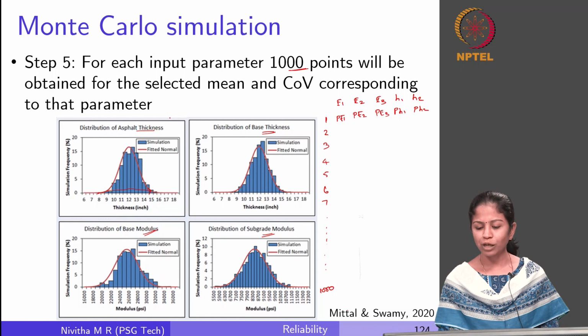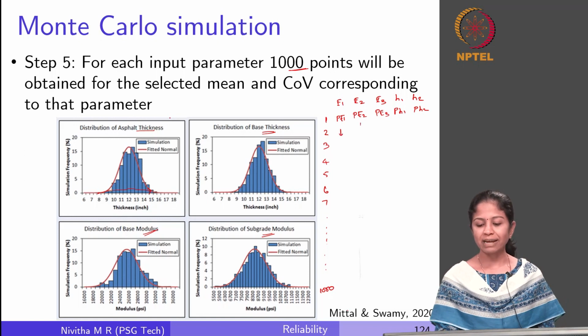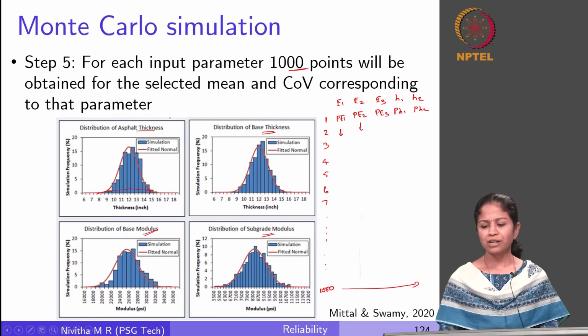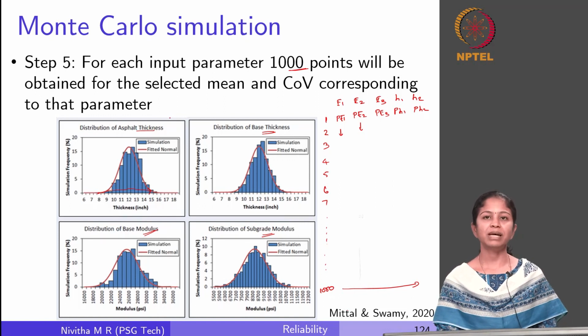Similarly, second value of E1 I will input here, second value of E2, like that I will get the second combination, like that I will get all the 1000 combinations. We do not have to worry about randomizing the order, because already these 1000 points are in a random order, right. So, the combinations that we get here will also be in a random fashion.